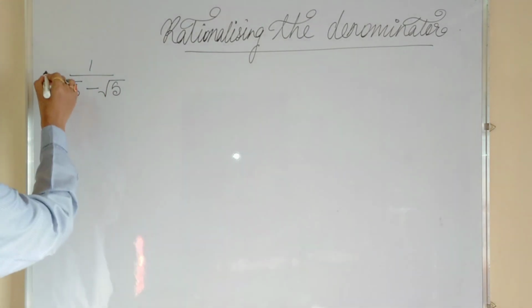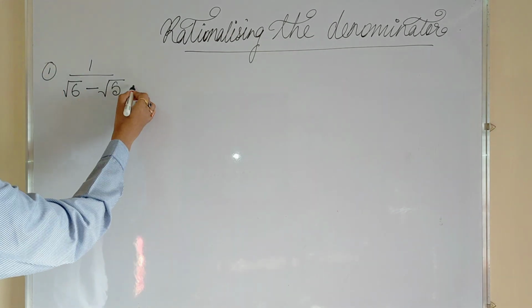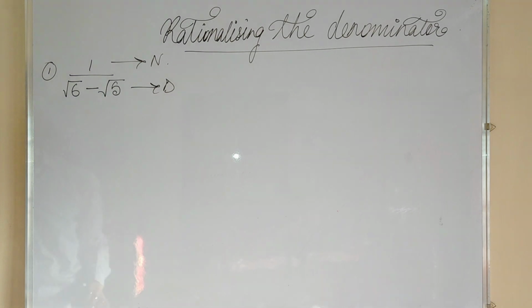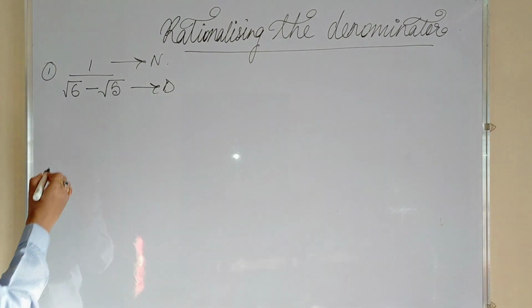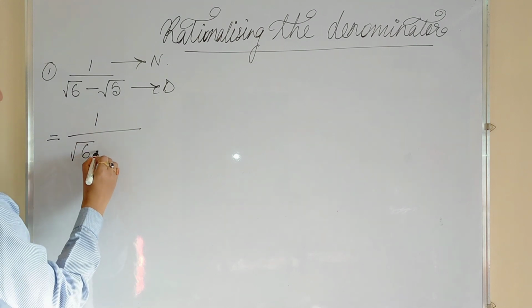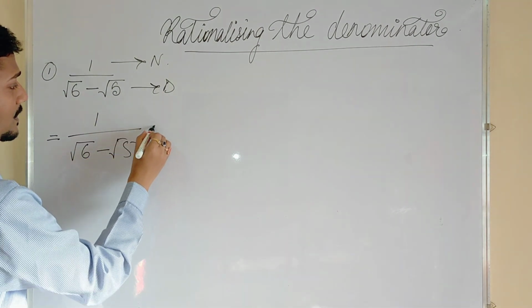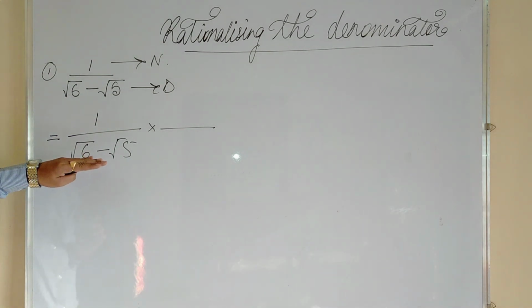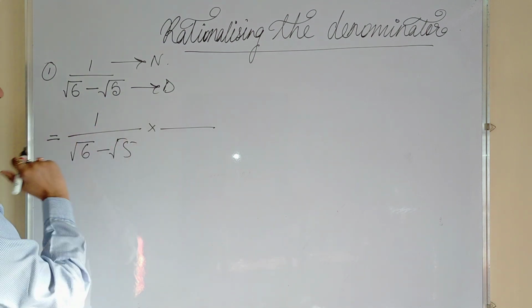So we will try to rationalize the denominator. This is the denominator and this is the numerator, isn't it? So how to do it? Next step: 1 by root 6 minus root 5. What will I multiply in the denominator such that we get a rational number there?